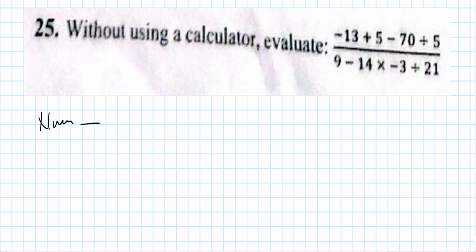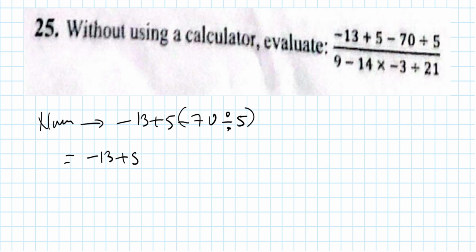So let's say numerator: minus 13 plus 5 minus 70 divided by 5. We start with the division one. So minus 70 divided by 5 is minus 14.